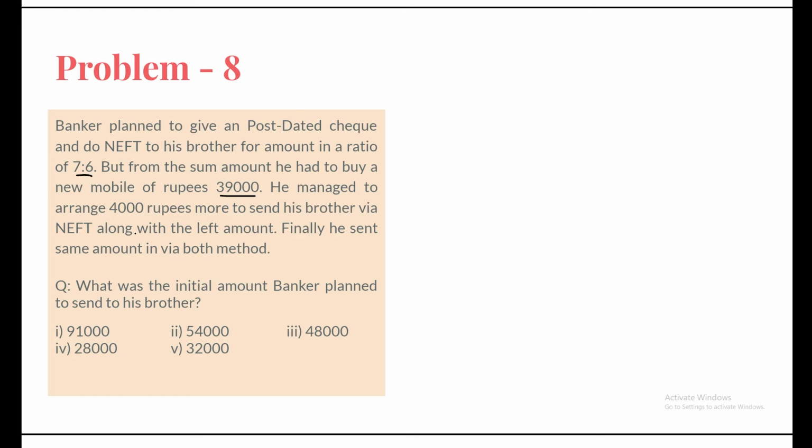He managed to arrange 4,000 rupees more to send to his brother via NEFT along with the left amount. Finally, he sent the same amount via both methods. Now, the question is, what was the initial amount the banker planned to send to his brother? Now, you can try the question on your own and you can paste the answers in the comment section.